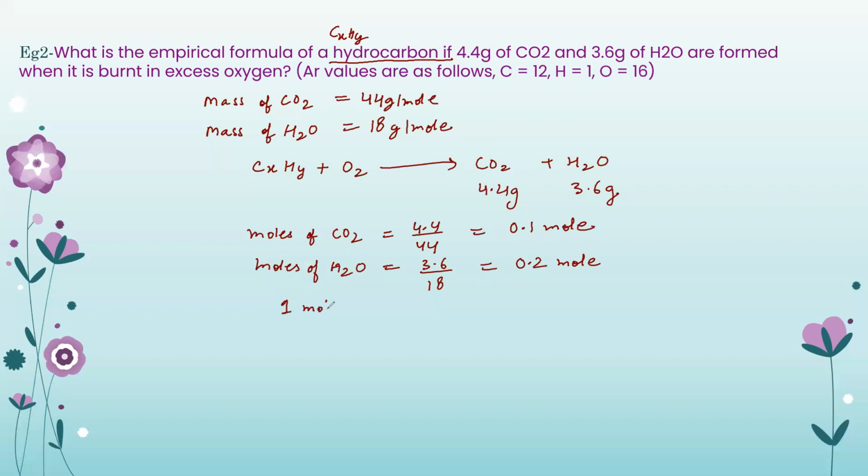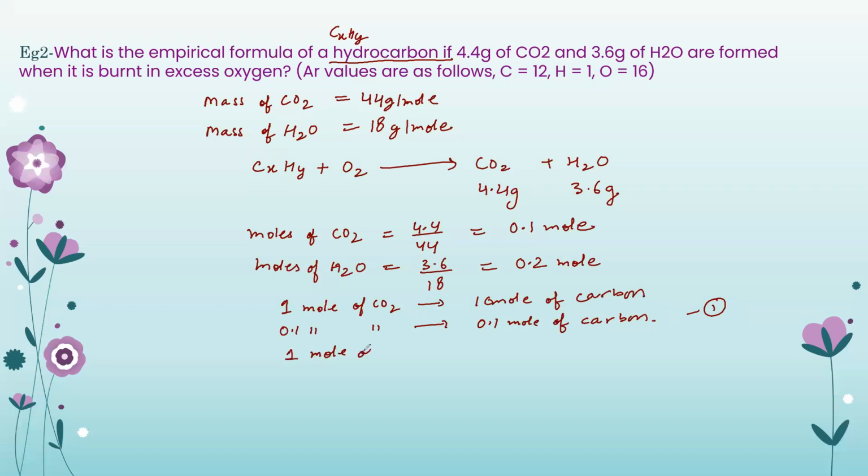So 1 mole of carbon dioxide has how many carbons? 1 mole of CO2 has 1 mole of carbon, correct? Because in the formula it is CO2. So 1 mole contains 1 mole of carbon and 2 mole of oxygen. And now 0.1 mole of carbon dioxide will have 0.1 mole of carbon, correct? So this is equation 1. So now 1 mole of water, how many hydrogens? 2 mole of hydrogen.